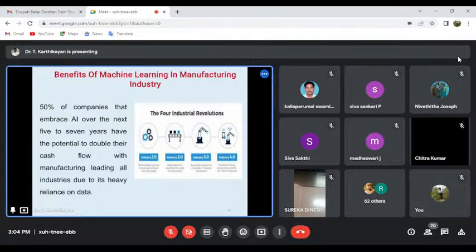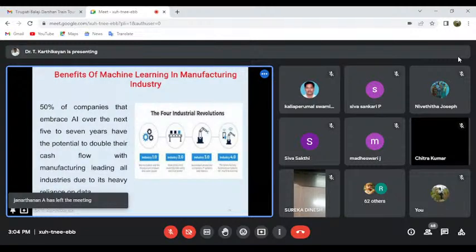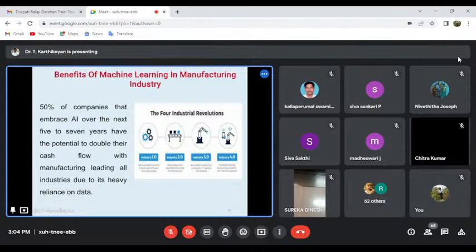Such manufacturing industries are tracing manufacturing defects. For example, in manufacturing industries, the most important problem is defective items. The defective items can be identified by the machine itself using machine learning and artificial intelligence technology.